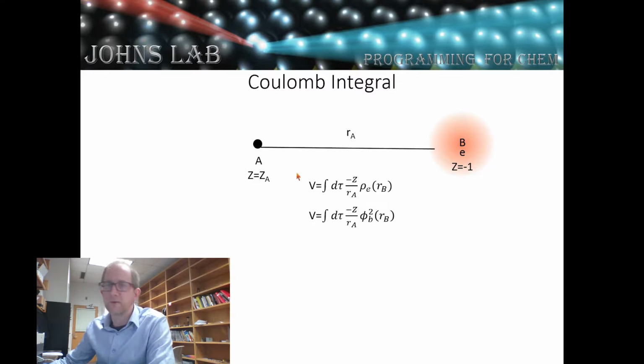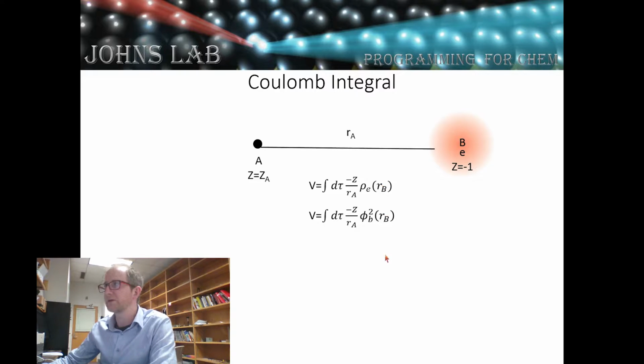That potential energy is an integral over all space times -1 for the charge of the electron, times minus Z sub A, the charge of that nucleus, divided by the distance of each volume element from the nucleus, so 1 over r sub A, times the density of the electron, rho sub B, and we've written this as B because we're writing all of our electron orbitals as atom-centered functions.